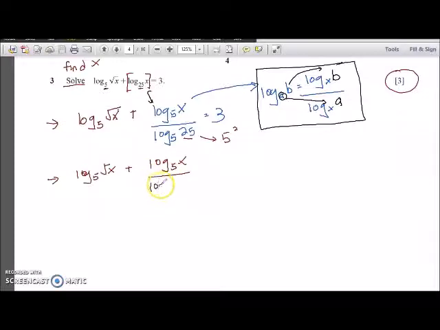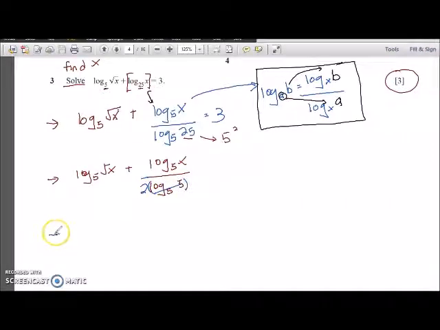So we could actually replace this 25 with 5 and power of 2, and you could see that this 2 will be moved here. So I just write a 2 over here. Now this log 5 and 5, this base 5 and 5 will become 1. So we can actually cancel this.